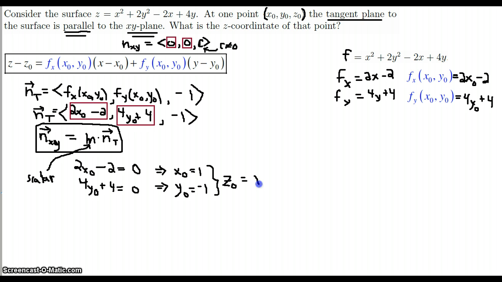X naught squared would be 1 squared, plus 2y squared, minus 2x, plus 4y, to get what z naught is: 1 plus 2 minus 2 minus 4.